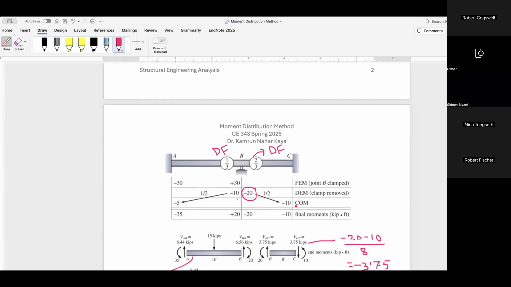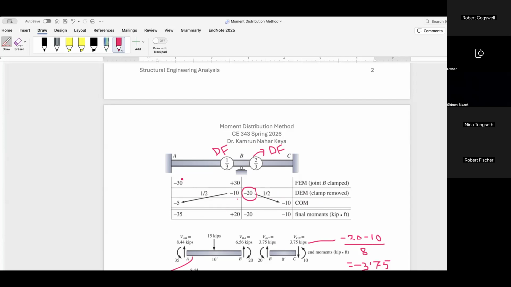It's already less than 0, so we don't need to distribute again. What if we have some positive values, a positive moment? Then again we need to distribute that moment again. But here it's already much lower than 0, so we don't need to distribute again. So we are going to stop there.